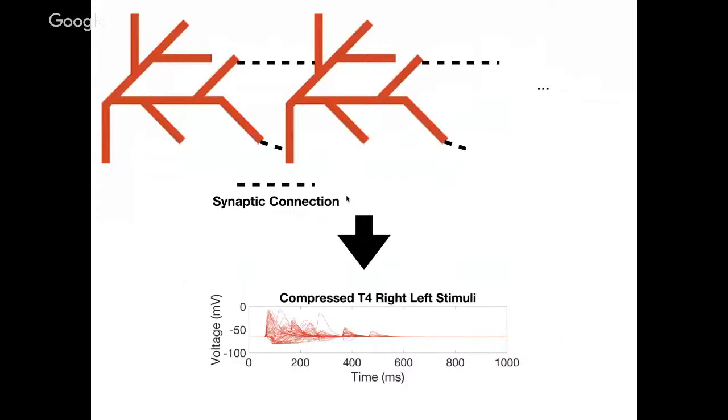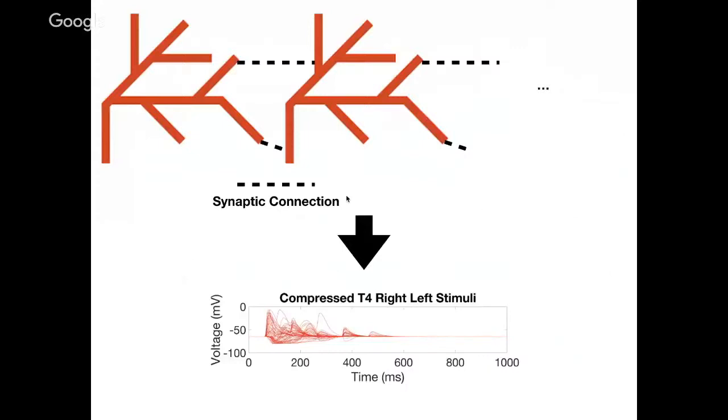We're going to notice that we received the dynamics of this one particular population of neurons, which is considered in the T4 section. And each line that you see in this plot, in this compressed T4 right-left stimuli, is the membrane voltage of one single neuron over time.